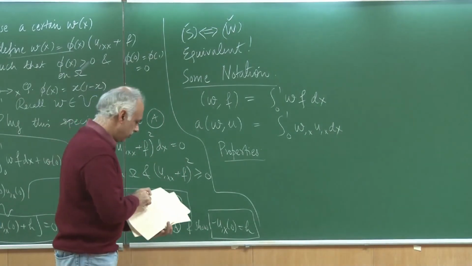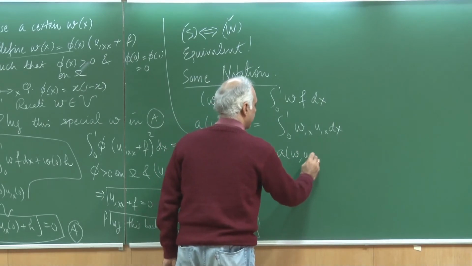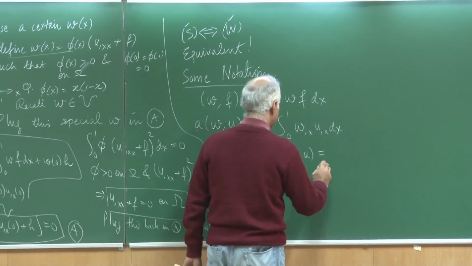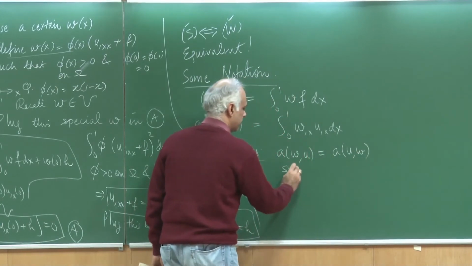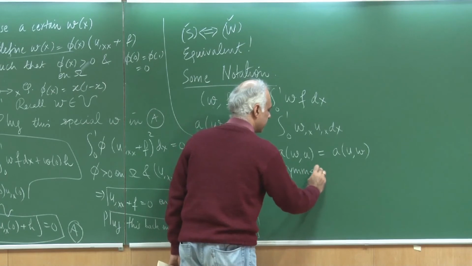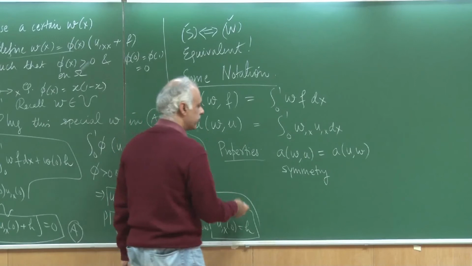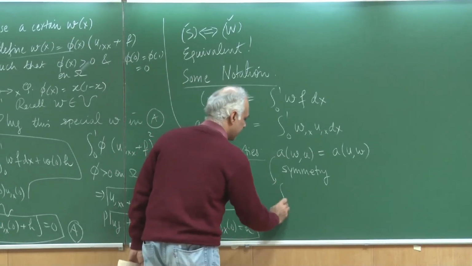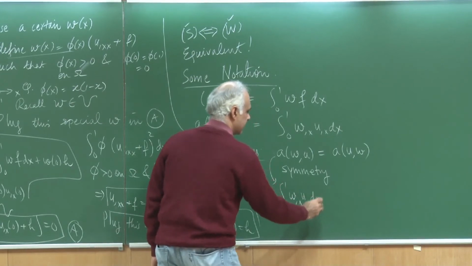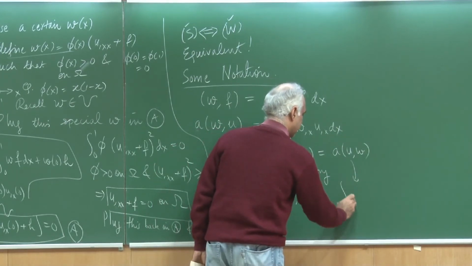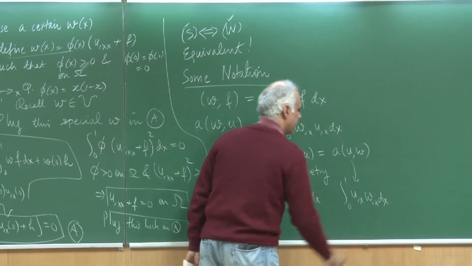Okay. So you will notice that A(W, u) is actually the same as A(u, W). So this is the property which is called the symmetry property, and the proof is very simple. This quantity is the integral from 0 to 1 of W,x u,x dx, and this one is the integral from 0 to 1 of u,x W,x dx.